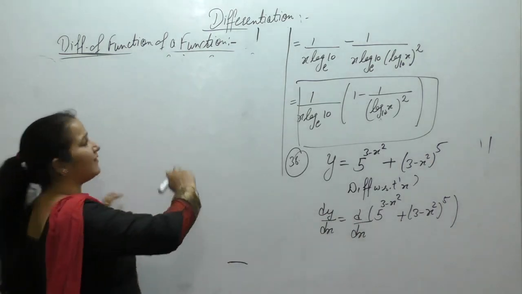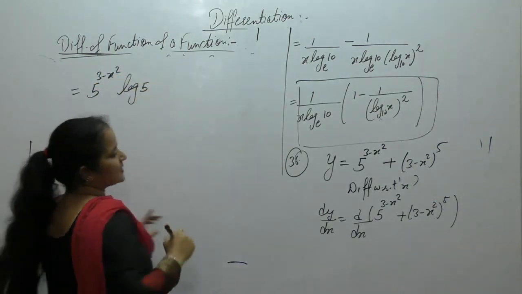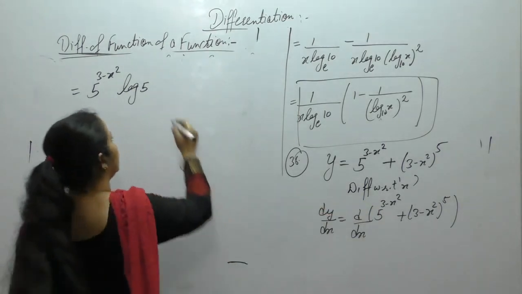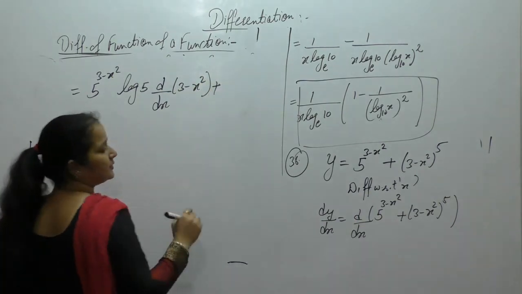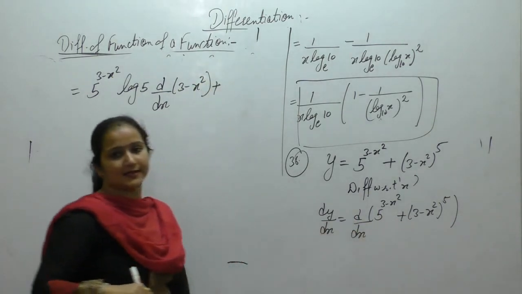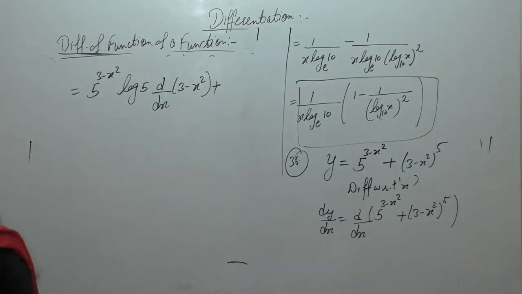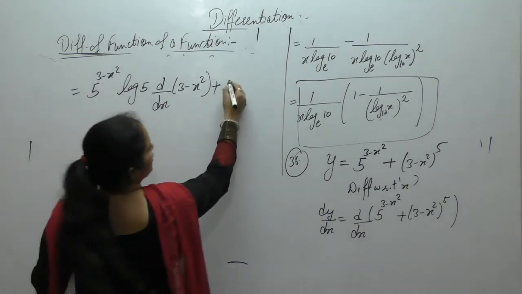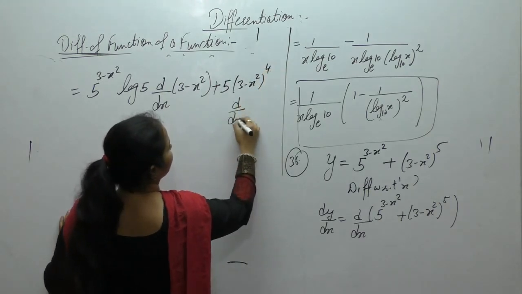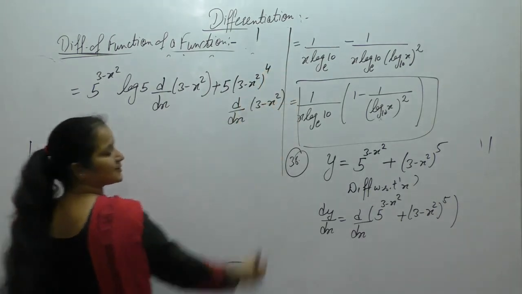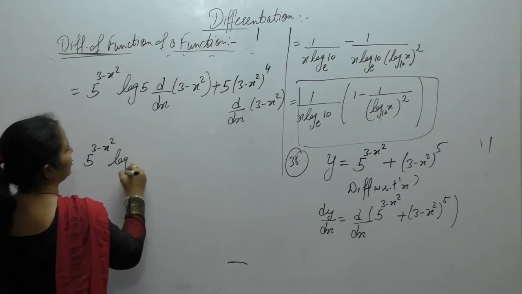The derivative of a power x is a power x log of a. Since x is 3 minus x square, we will have to take the derivative of that term. Now this is x, what we get? 5 power 3 minus x square log of 5.